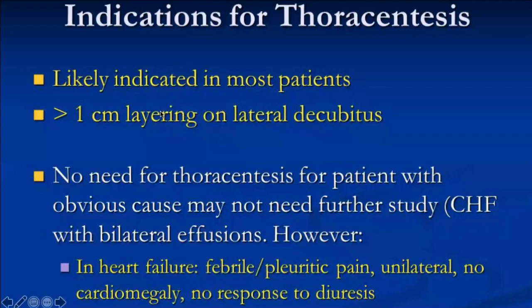It's likely indicated in most patients, especially when there is more than 1 centimeter of fluid on the lateral decubitus. That means there is fluid, and probably you need a tap.